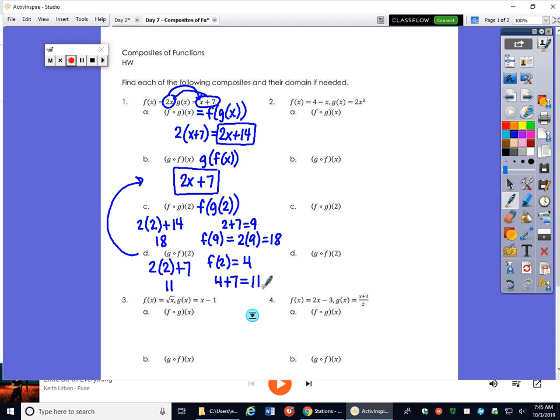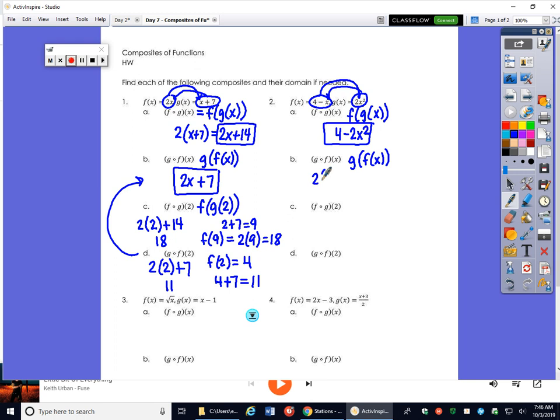All right, number 2. f of g of x means that I am going to put the g of x function into the f of x. So this is going to be 4 minus 2x squared. g of f of x means that I'm going to put the f of x function, this one, into the g of x equation.